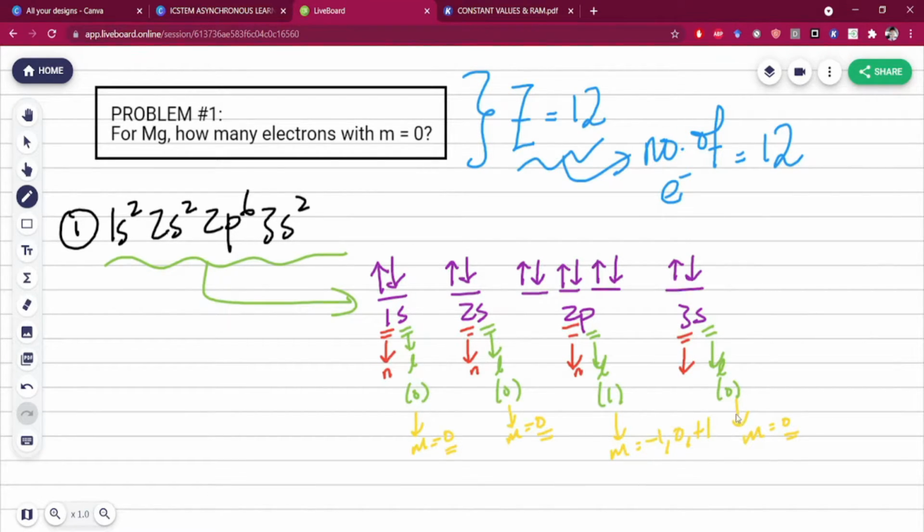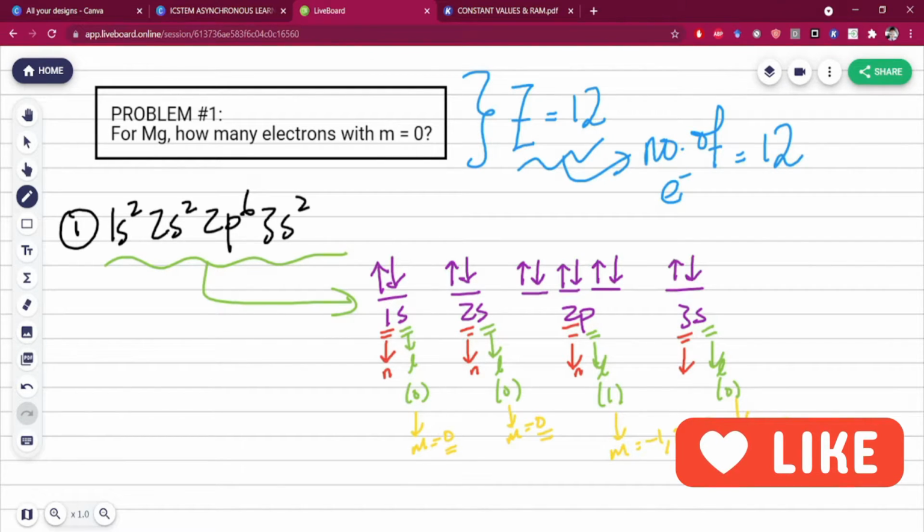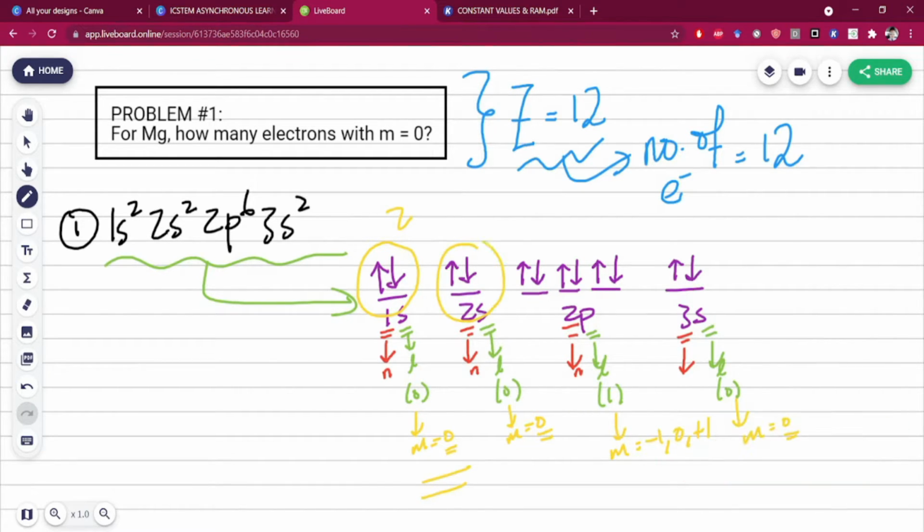So you can say that in the s orbital over here with m equals 0, you have 2 electrons. You have 2 electrons with m equals 0 right there. Then you have another 2 electrons with m equals 0 right here, and another 2 electrons with m equals 0 right there.